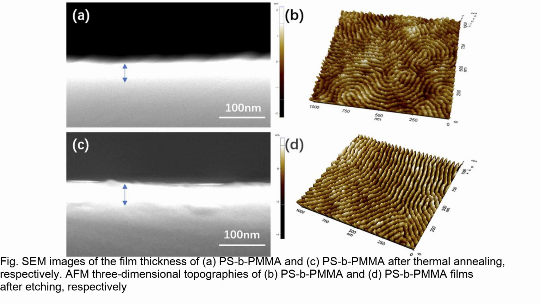SEM images of the film thickness of PS-b-PMMA1 and PS-b-PMMA2 after etching. The images show the removal of the surface PS block layer in PS-b-PMMA1 and the visibility of PMMA cylinders in PS-b-PMMA2 after accurate control of the film thickness.